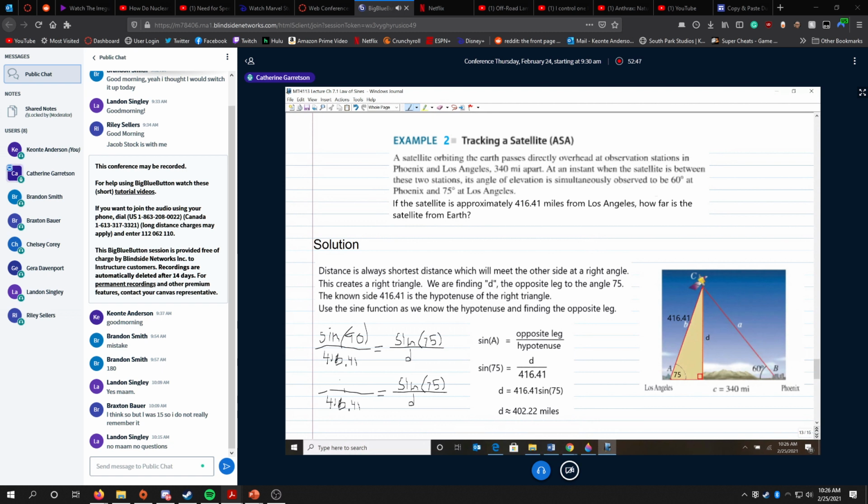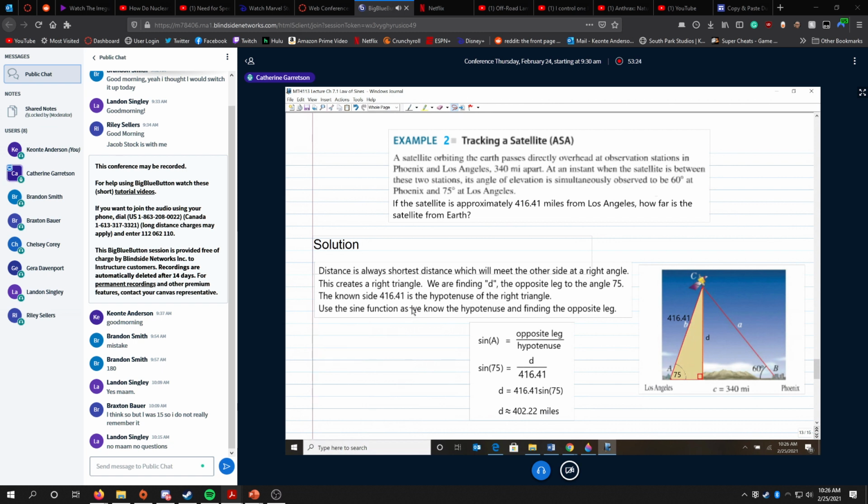So if I replace that with a 1, notice that when I do the cross products, I get D is equal to 416.41 times the sine of 75. So he was working those in this way, because the right angle in a right triangle is a known angle. So just saying. Anybody have any questions on this lesson?